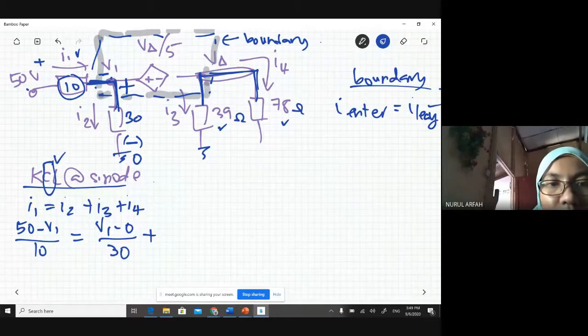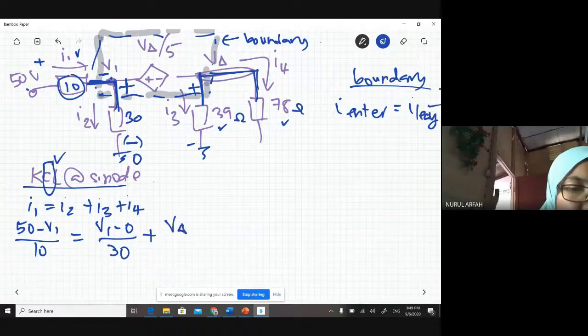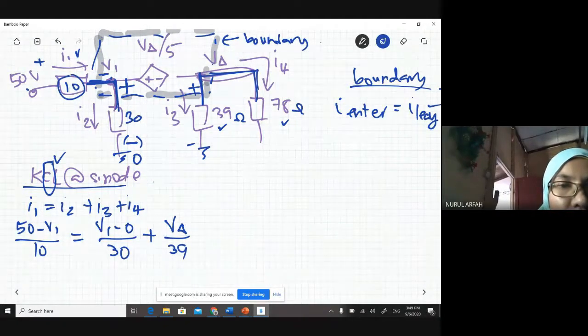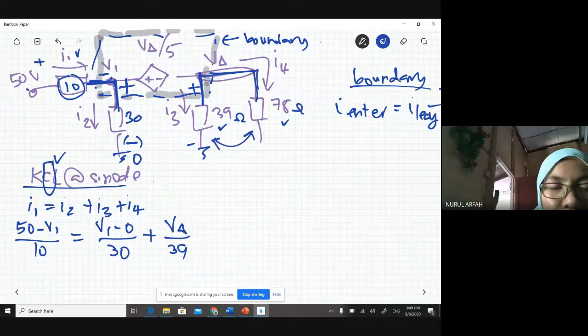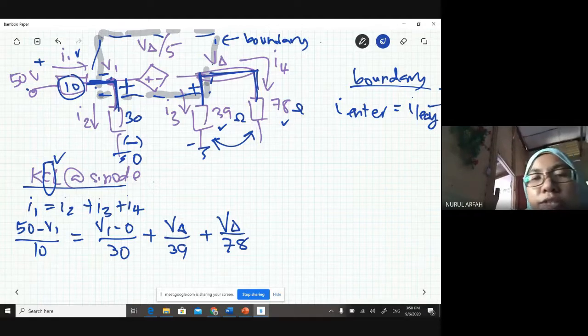Plus, what is I3? Higher minus lower polarity, which is V delta, over 39. You can actually combine these two, 39 and 78, but if you don't mind, you can do it this way also. Then 70 divided by 78.